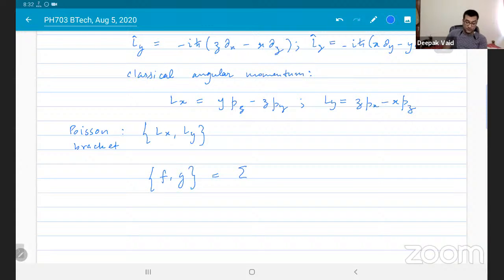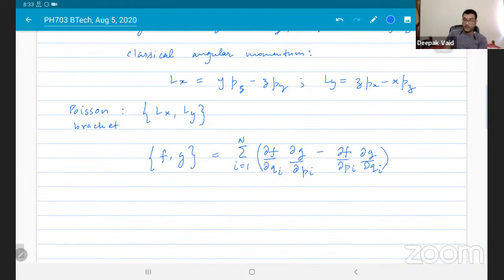These are functions of your phase space coordinates. This is the definition of your Poisson bracket, where qi and pi are your generalized coordinates and generalized momentum, and f and g are some arbitrary functions on phase space.